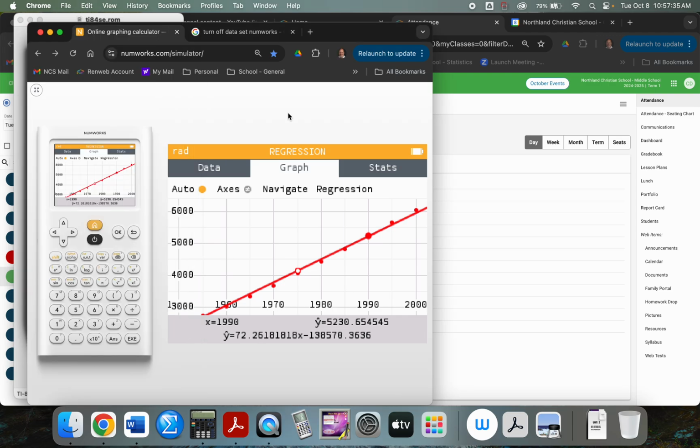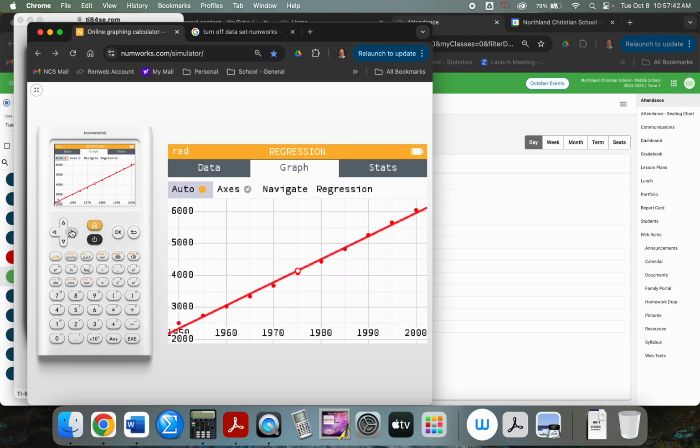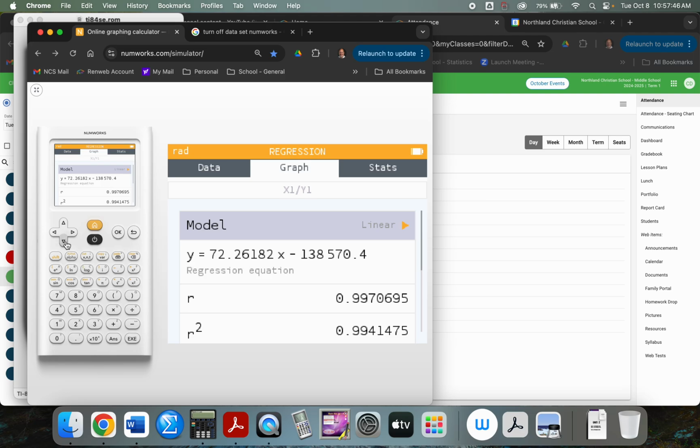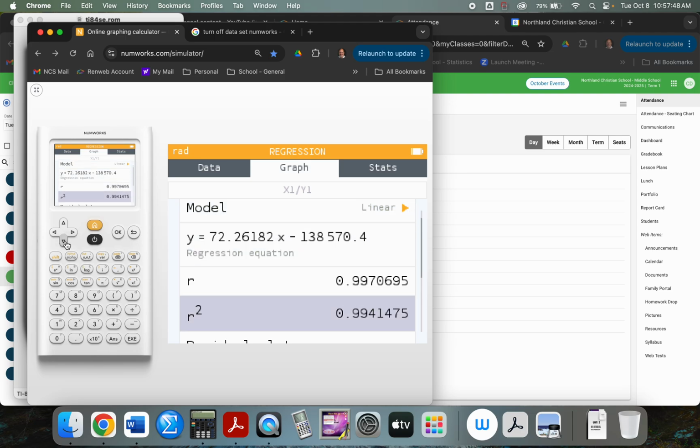On the NumWorks, what you can do is go to the regression, hit enter. Note we can see that R is 0.994. You're like, oh, that's awesome.